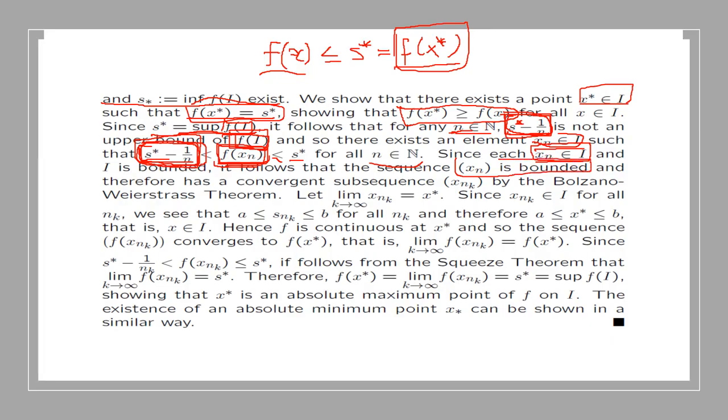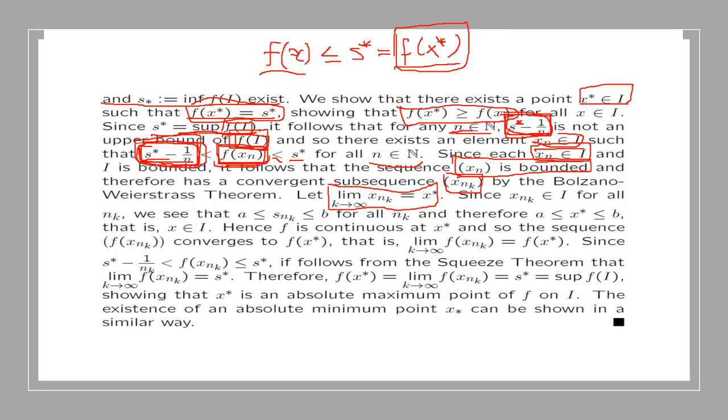So each xn lies between A and B. And since xn is bounded, the Bolzano-Weierstrass theorem tells me that there exists a convergent subsequence, call it xnk. So let's assume that xnk converges to x star, right?